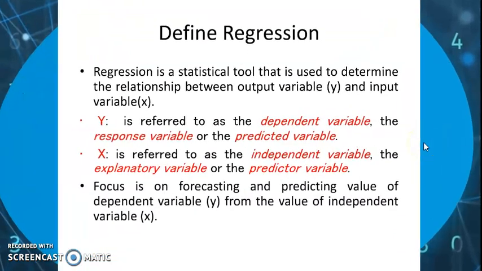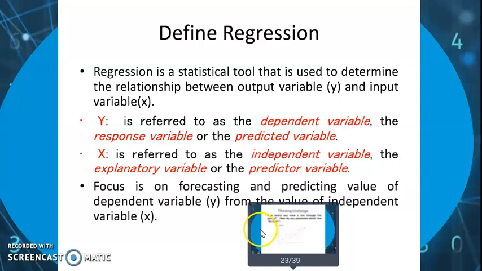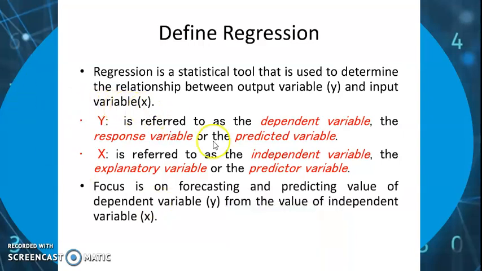Now we come to the definition of regression. Regression is basically used to determine the relationship between the output variable y and the input variable x. The output variable y is what we are predicting, and the input variable x is what we know.